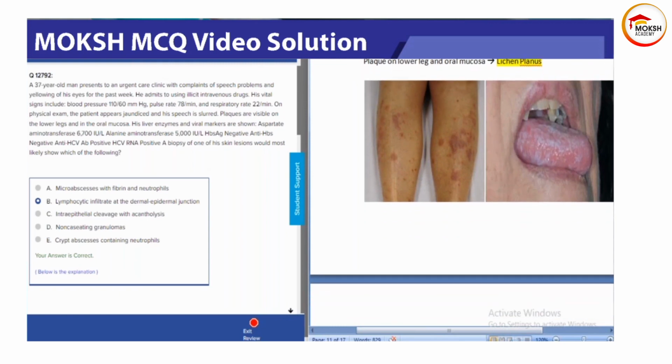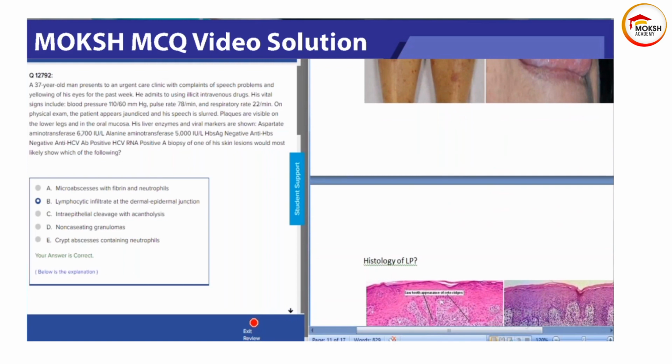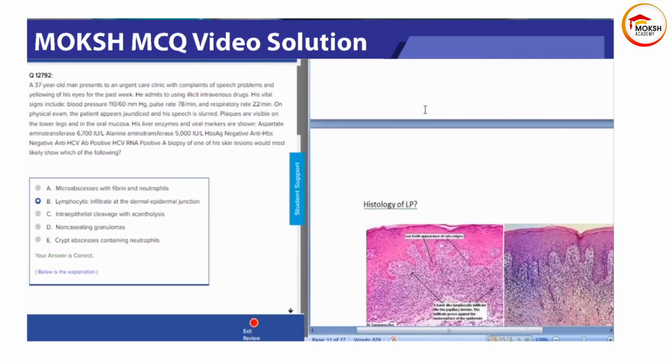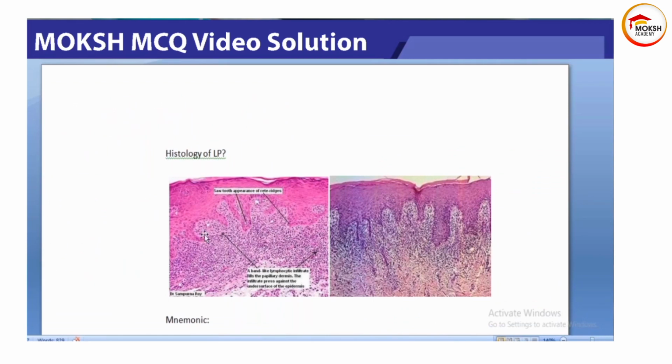So this is a skin condition. In this question, what they are trying to ask you is the histology of lichen planus. There are two important things you should remember for the histology of lichen planus. First of all, the ridges. This is a biopsy picture of affected skin.